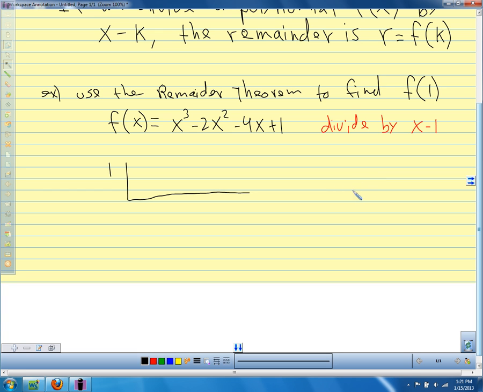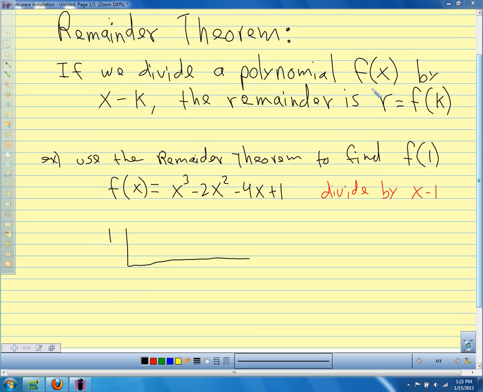So the remainder theorem tells us the remainder we get when we divide by x minus k is the value of the function at k. So here k equals 1. So we can find that value just by dividing this function by x minus 1.